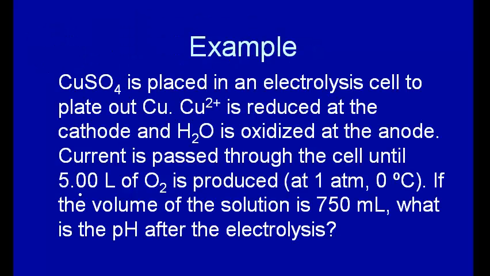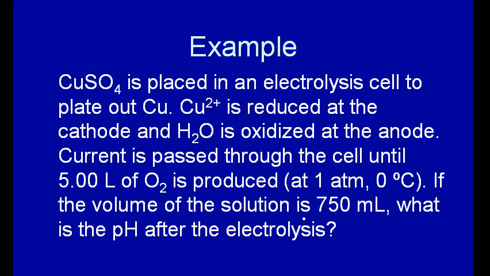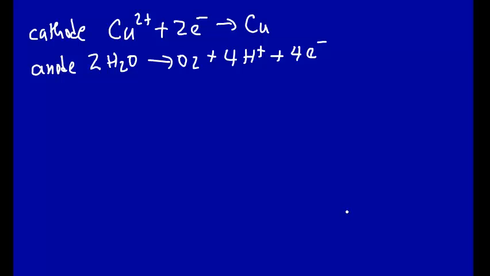Well, you can convert the volume of oxygen at the pressure and temperature, PV equals nRT. So we can figure out how many moles of O2 you produced, and multiply that by 4. That's the number of moles of H+ you produced. And, okay, moles of H+ divided by volume will give you the molarity. And the molarity then, if you take minus log of it, will give you the pH.